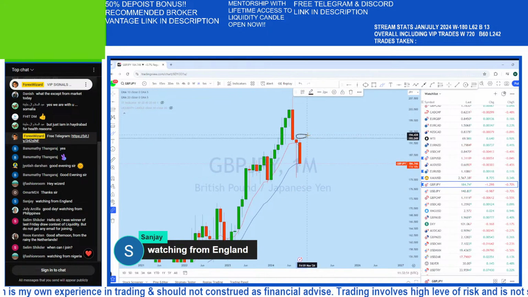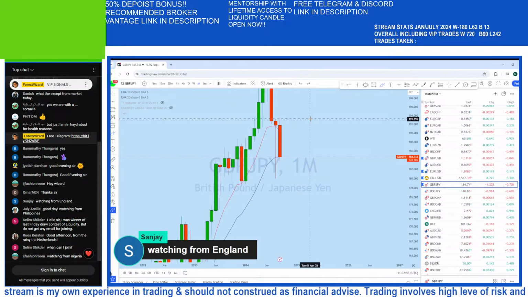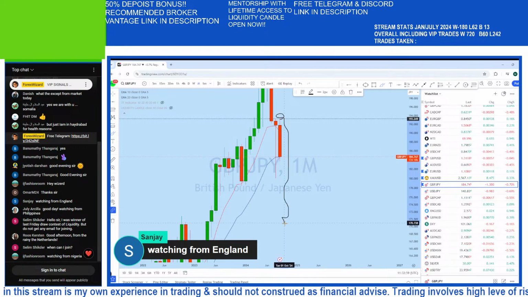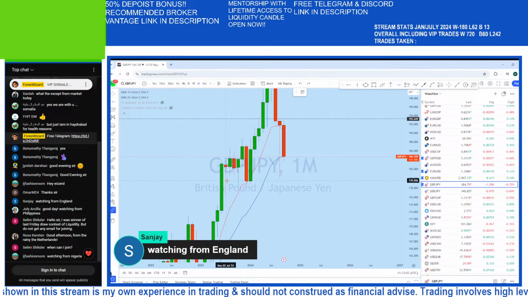And with that liquidity grab, what we have seen is a rejection from the monthly, and we can expect on GJ for the market to break below further, and I think the price may drop down further.